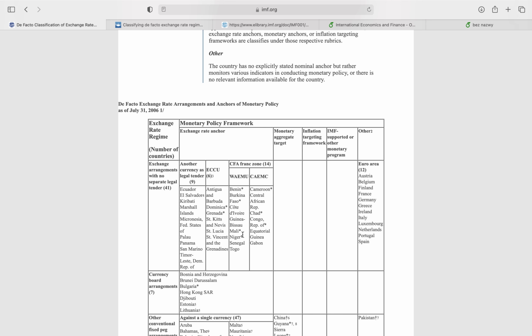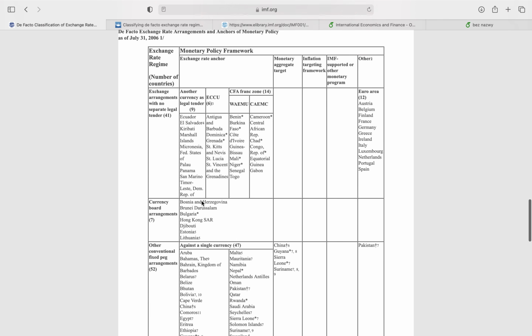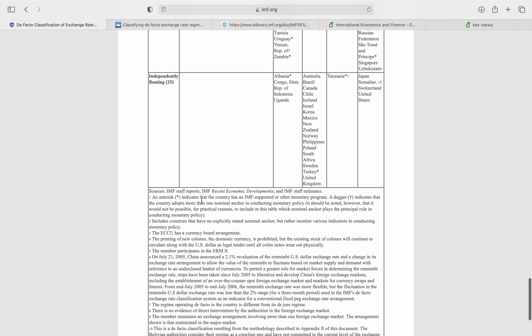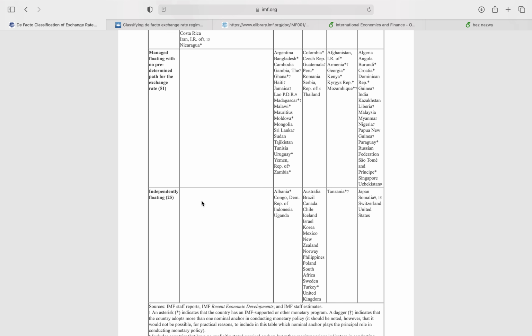The link is going to be in the description of the video. So look, we see that there is a lot of variety, but definitely this period is characterized by the most floating of exchange rates than we observed in the last 150 years.